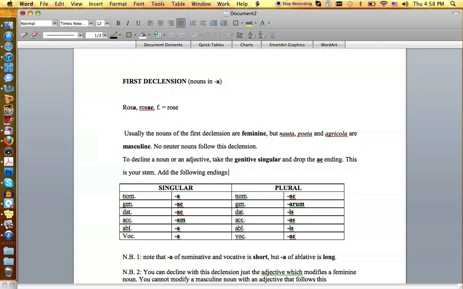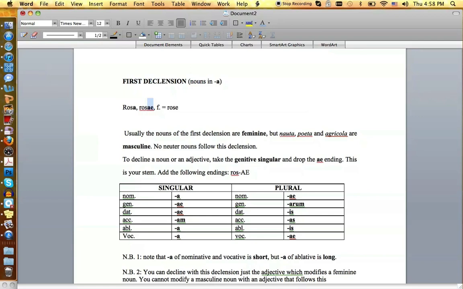If you take the noun rosa, you attach this ending to the stem. To get to the stem of a word, you have to cut the ending of the genitive. So remember what we said at the beginning. You find in the dictionary rosa, rosae.